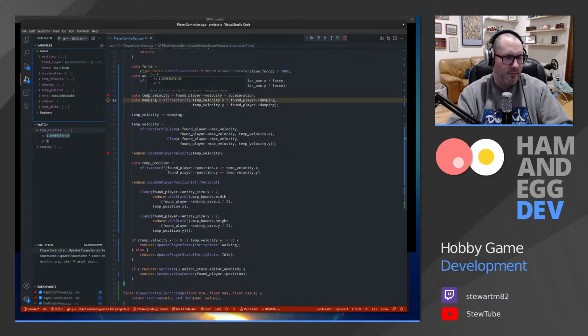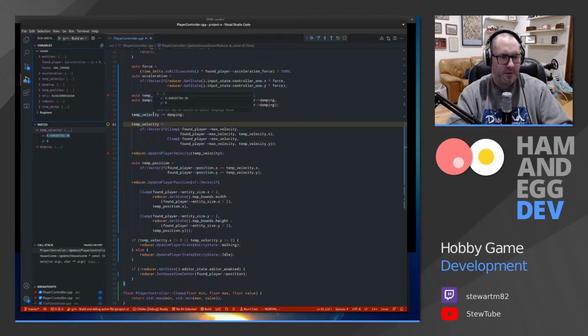So the temp velocity is still that, 10. Okay, so how is this set to 9 now?